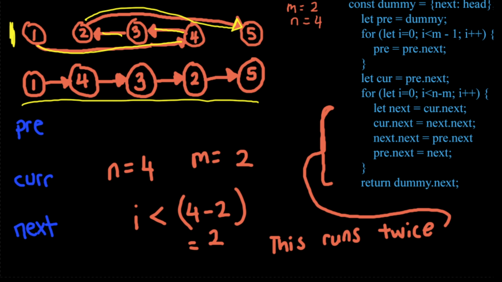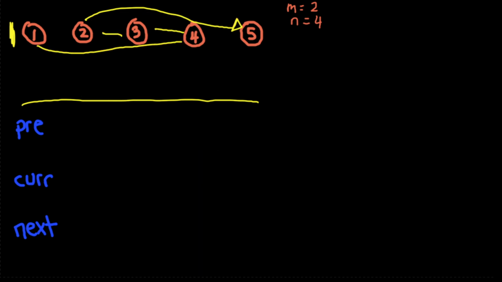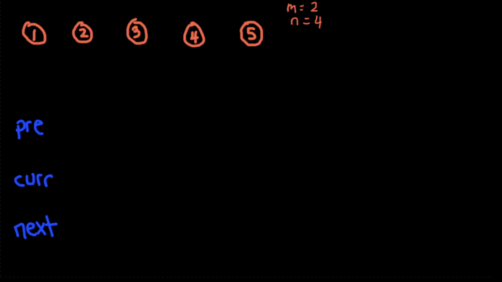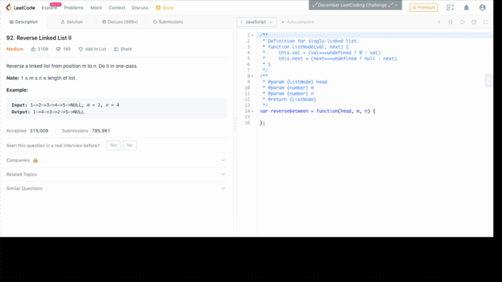So that is it. As before, there are 2 solutions to Leetcode number 92. If you want, you can have an in-place reversal by keeping track of, let's say, the starting point and the ending point, doing your in-place reversal, then connecting.